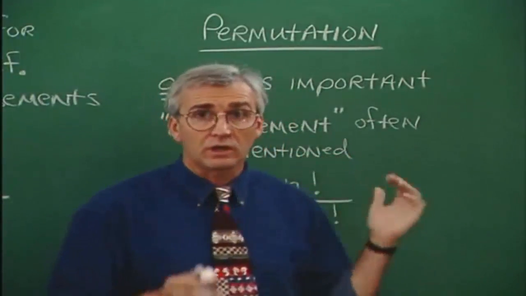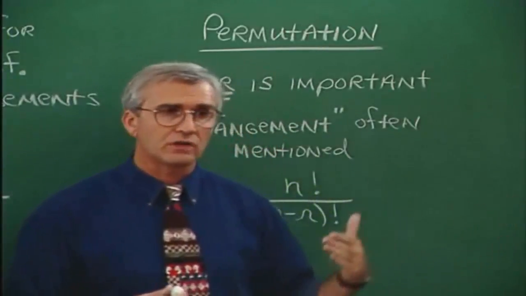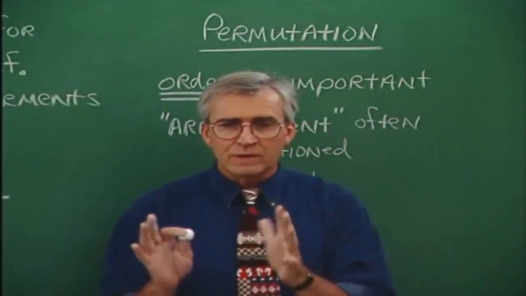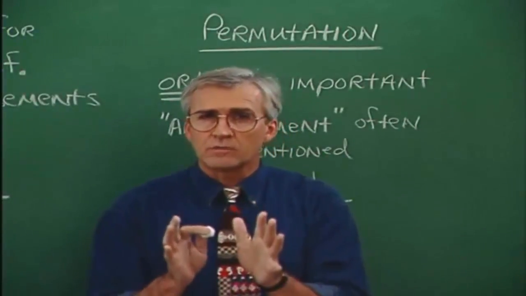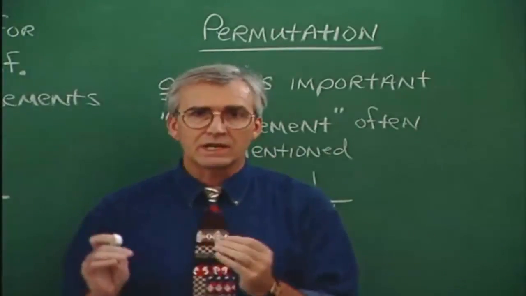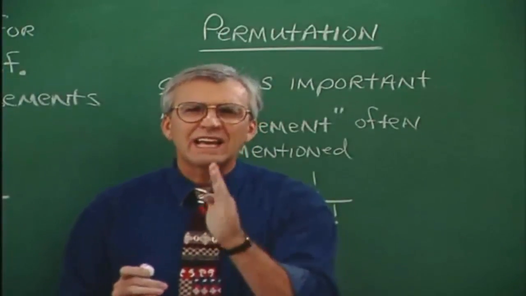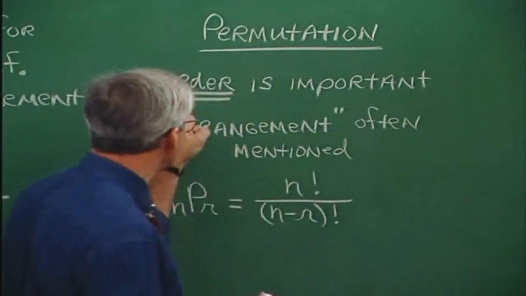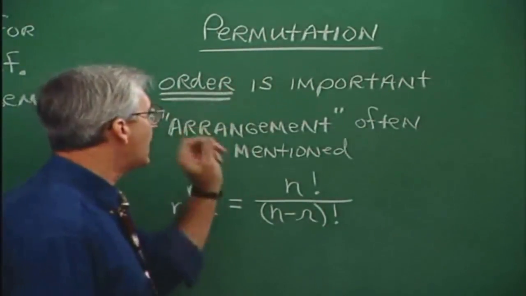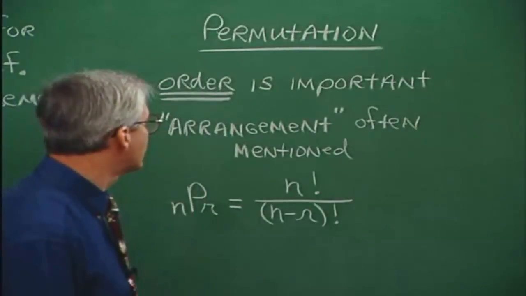We're going to go on with another discussion in just a little bit about combinations. But to be able to recognize whether a problem involves permutation or combination, we're going to test to see if order is important. If order is important, it's a permutation. If order is not important, it's going to be a combination.